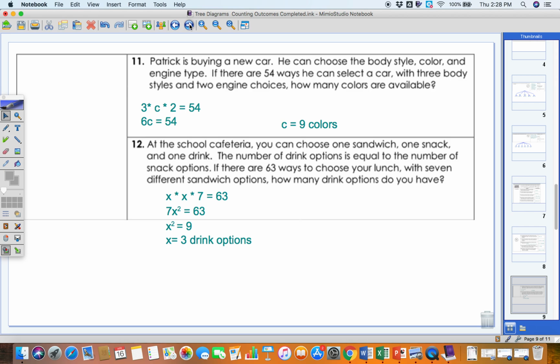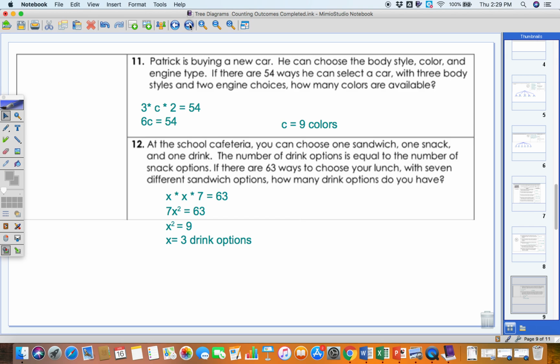On the next problem, at the school cafeteria, you can choose 1 sandwich, 1 snack, and 1 drink. The number of drink options is equal to the number of snack options. There are 63 ways to choose your lunch with 7 different sandwich options. How many drink options do you have? Since drink and snack are the same, we can use X for both of those. So we get X times X times 7 equals 63.